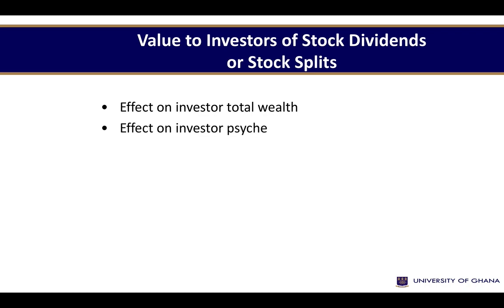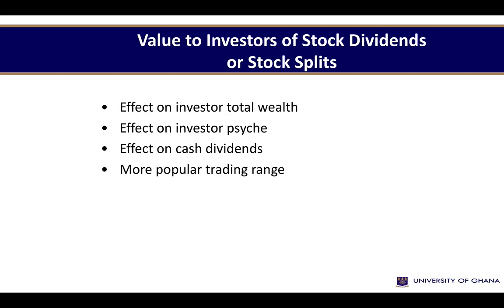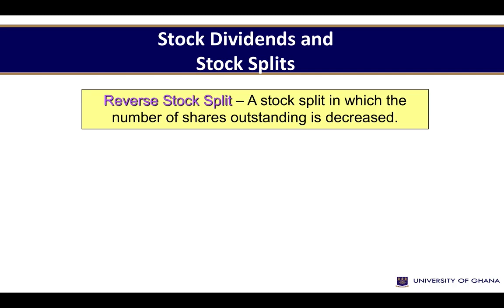Now, whenever there are stock dividends or stock splits, it can have implications on investor total wealth. It could also have effects on the investor's psyche, effects on cash dividends, effects by moving the firm into a more popular trading range, and informational content. A reverse stock split is the reverse of a normal stock split.